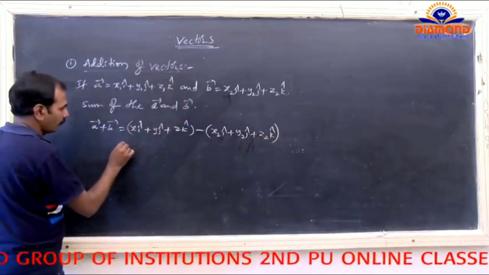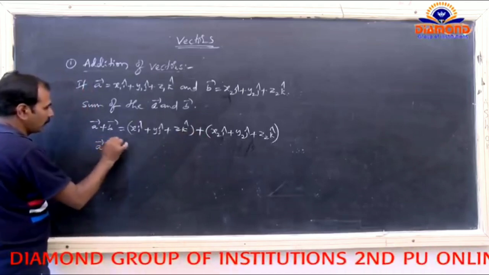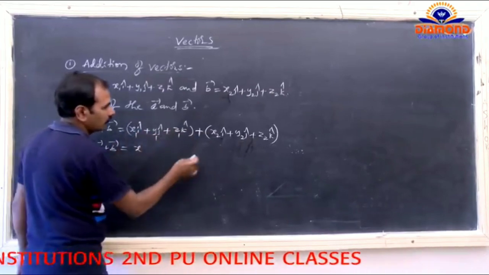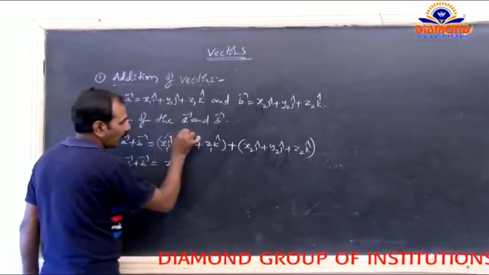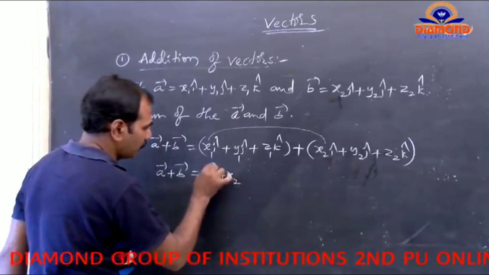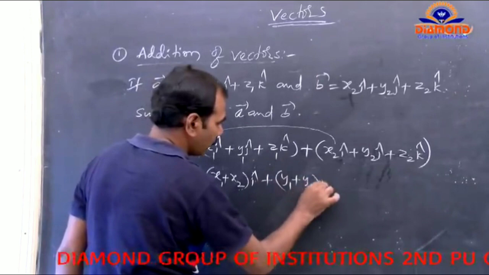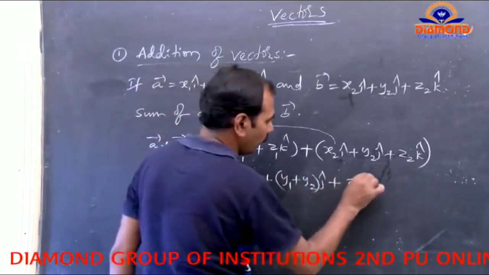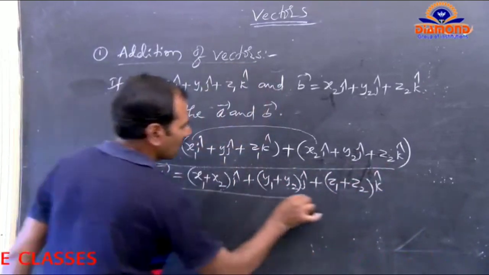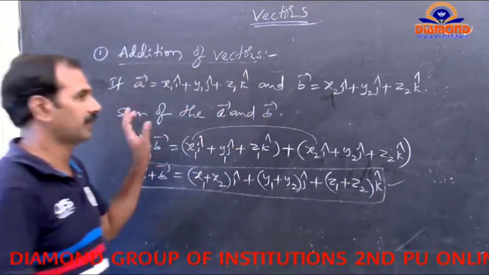The i component sum means x1 plus x2 i cap plus y1 plus y2 j cap plus z1 plus z2 k cap. This is the sum of the vectors or resultant vector, addition of the vectors like this.